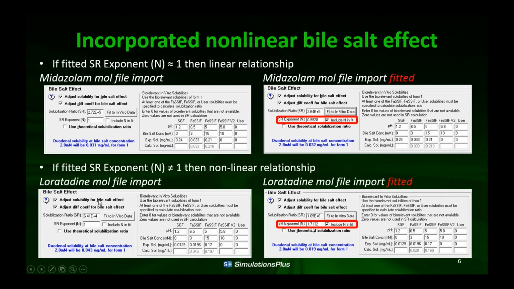This exponent term is 1.7, which is a significant difference compared to 1. The solubilization ratio also shows a significant difference between the linear model and the nonlinear model fit. And if we look at the calculated solubility for this specified biorelevant medium, the values are very close to the experimental data.